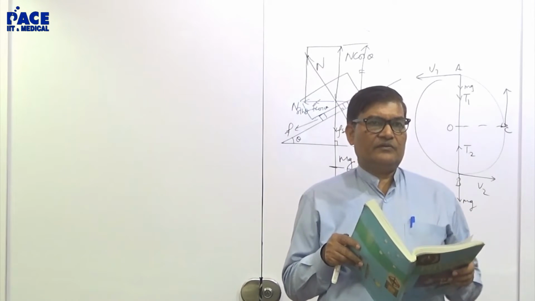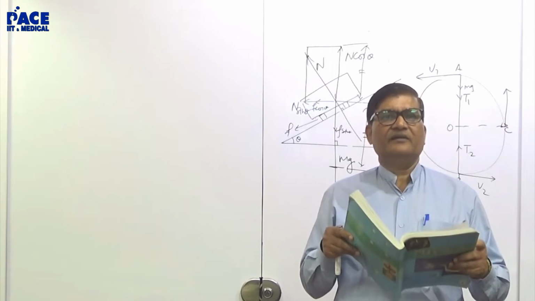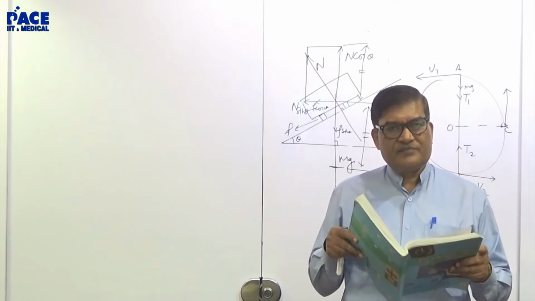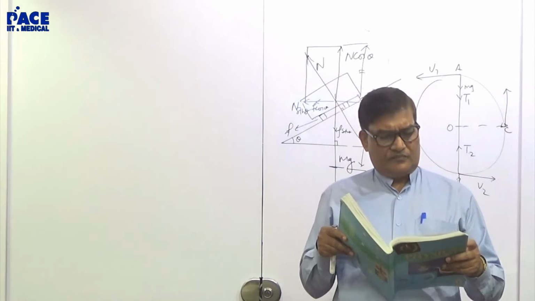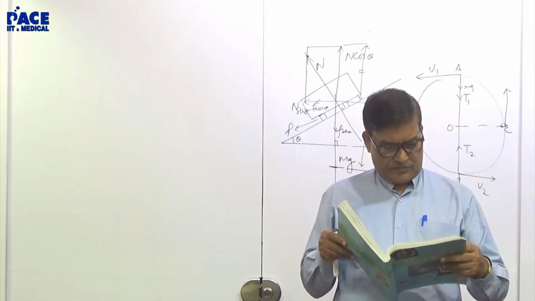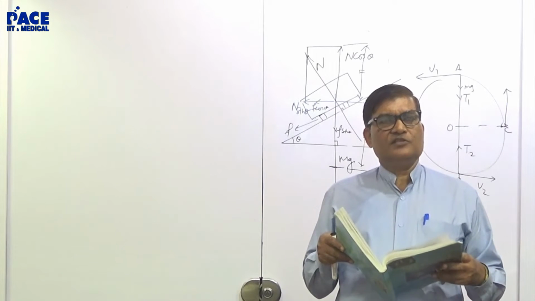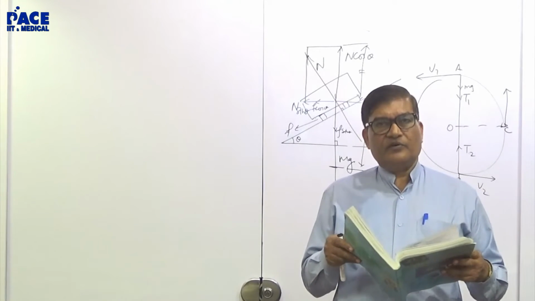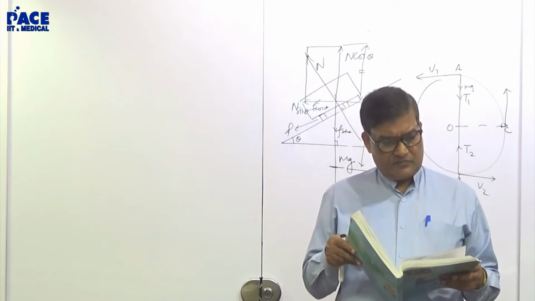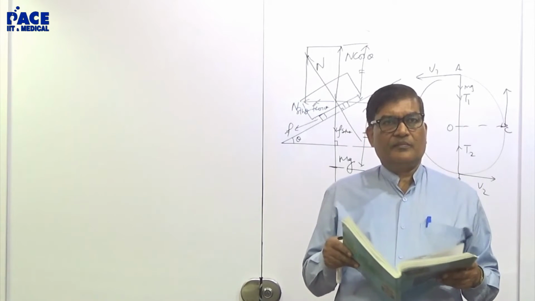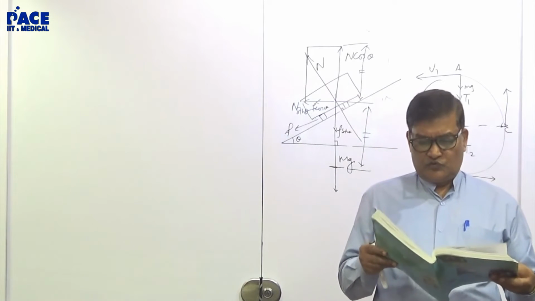Height of liquid column in one is given. So where is that H1R1 equals H2R2? This is page number 104 of our textbook.